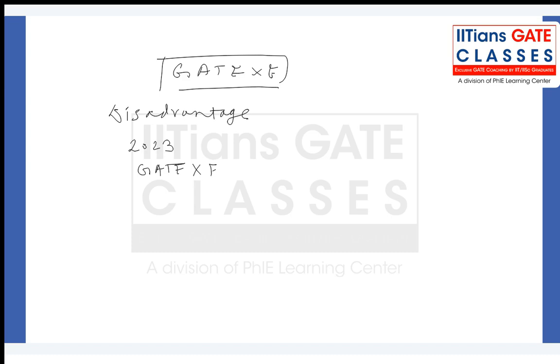Gate XC paper was in the morning, and the same day Gate AE was in the afternoon. That was the biggest disadvantage. Because if your XC paper is not good, it will affect the AE paper, and your day will become very hectic. Your prime goal is Gate AE.